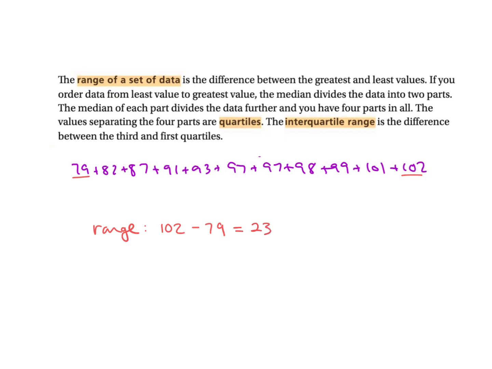Now, if you order the data from least to greatest, the median divides the data into two parts. The median of each part divides the data further, and you have 4 parts in all. So if I divide this data into 2 parts, remember I had 11 data values, my 6th one was the median.